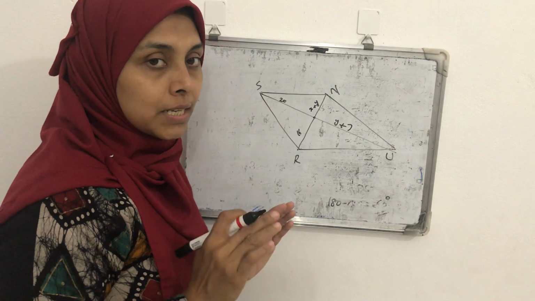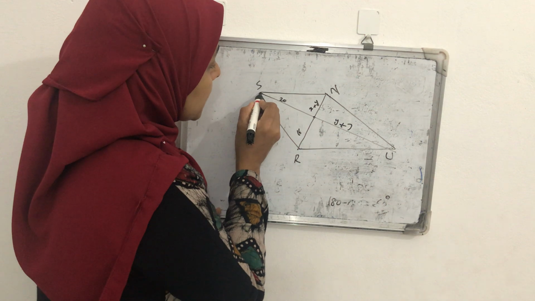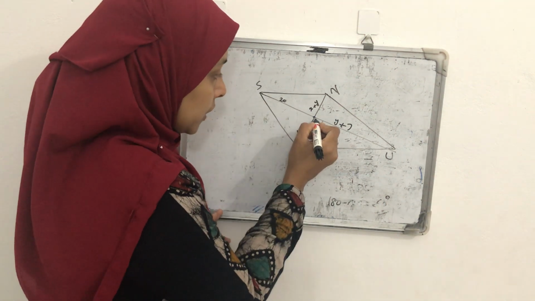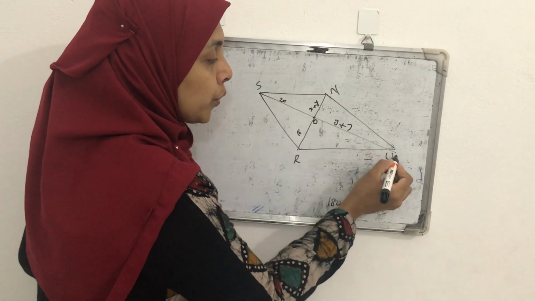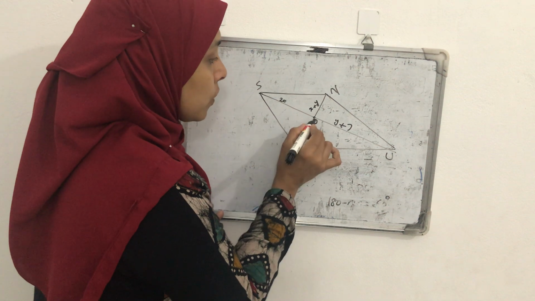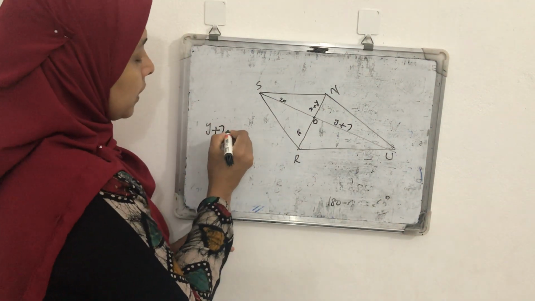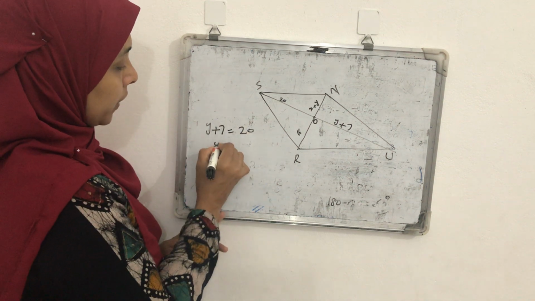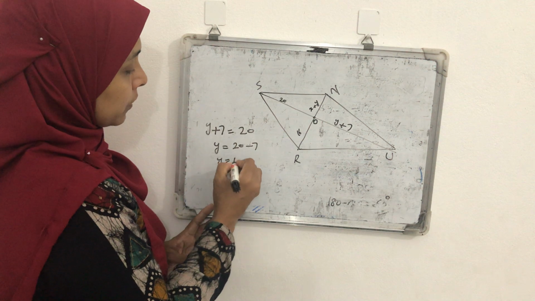Diagonals bisect each other. So the distance from S, if this point is O, SO will be equal to OU. Using the properties of diagonals of a parallelogram, SO is equal to OU. So y plus 7 equal to 20. From that y equals 20 minus 7, that is y is equal to 13.